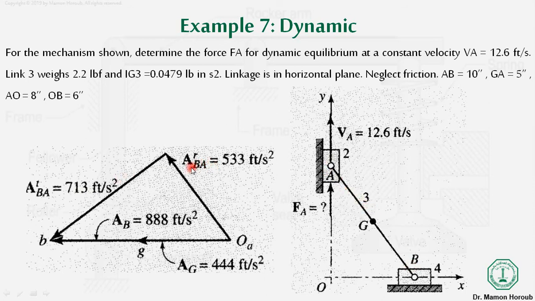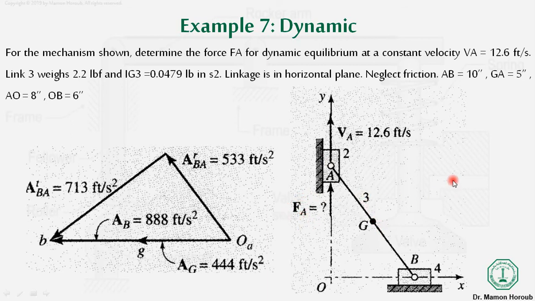Similarly, the BA radial, the normal component along the radial direction, is also given for link 3. And similarly, the AG, G point is on link 3, so AG is also given to us. So the complete information is given related to link 3, and we can start from here and go up to calculate the value of Fa.